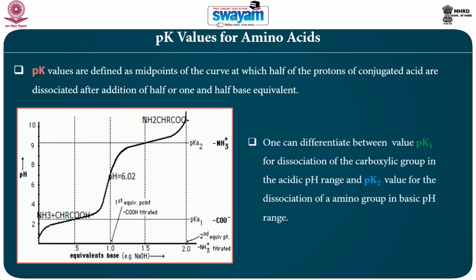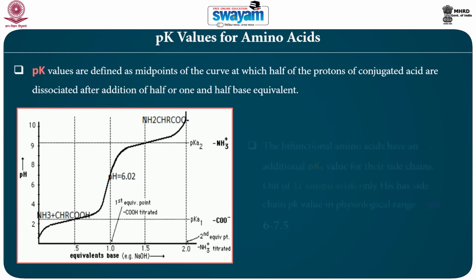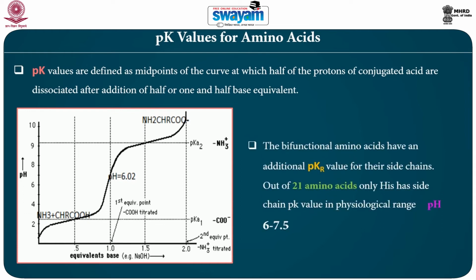One can differentiate between the value pK1 for dissociation of carboxylic group in the acidic pH range, pK2 value for the dissociation of the amino group in the basic pH range. The bifunctional amino acids have an additional pKr value for their side chains.